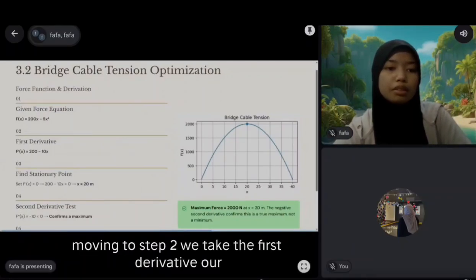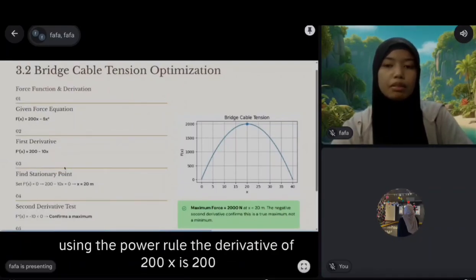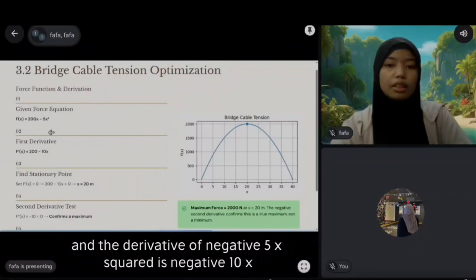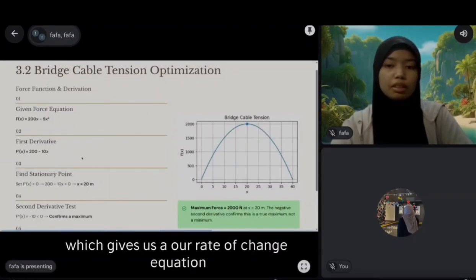Moving to step 2, we take the first derivative of our force function with respect to x. Using the power rule, the derivative of 200x is 200, and the derivative of negative 5x squared is negative 10x. This gives us our rate of change equation.